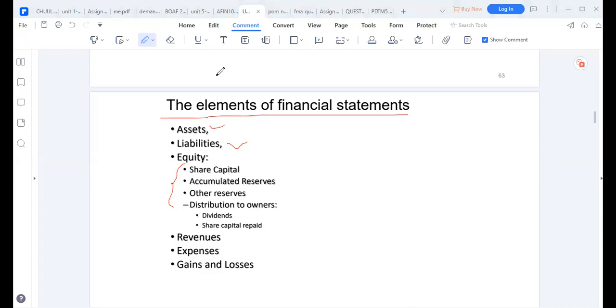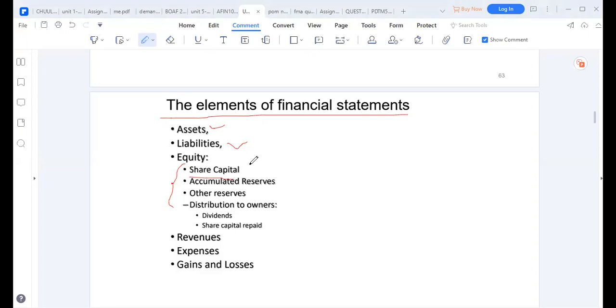You said equity, under equity, what do you say? All right. So the question is, what is equity? Equity is simply share capital.